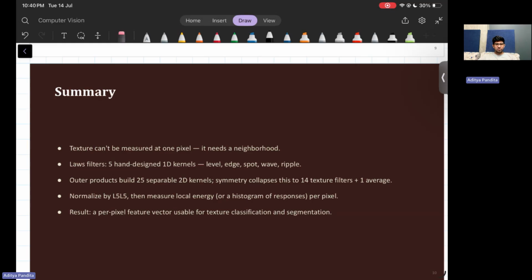Symmetry collapses this to 14 genuine texture filters plus one average filter. The pipeline per pixel is normalized by the average filter, measures local energy or histogram, which results in a stable descriptor. From the result, we get a per pixel feature vector useful for texture classification and segmentation.